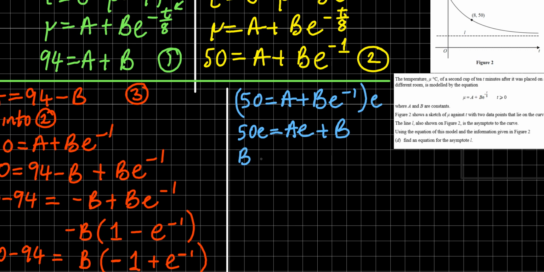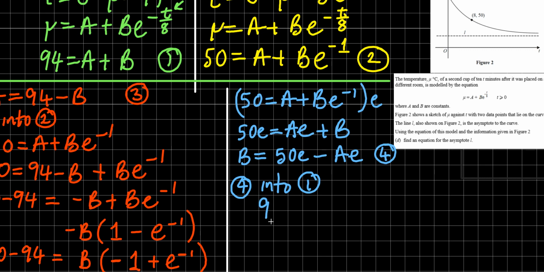So if we rearrange that, B is going to be 50e minus A e. We can then substitute that into equation 1. So let's call this equation 4. So equation 4 into equation 1, we're going to have 94 equals A plus B, and remember, B is this.